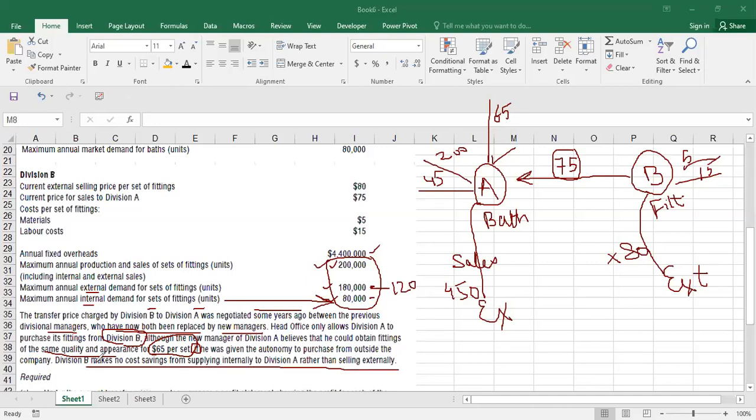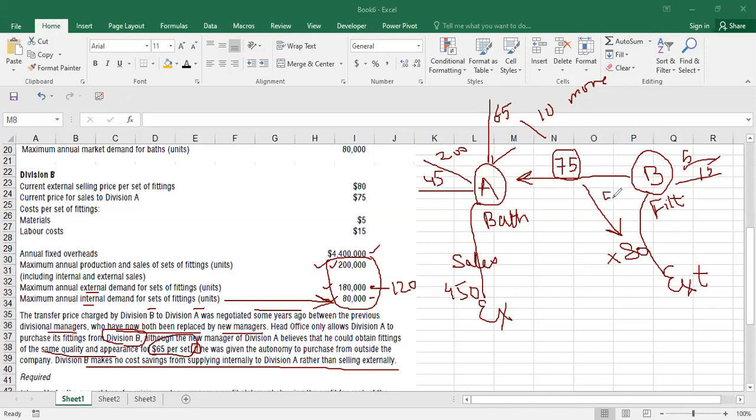So what does that mean? It means that when Division B sells internally, they are not making any cost saving, the costs are the same. So what I understand now is that Division A is unhappy because Division A believes that he is paying $10 more. And Division B is also unhappy, because Division B can sell outside 80,000 at the price of 80, but he's selling at 75.